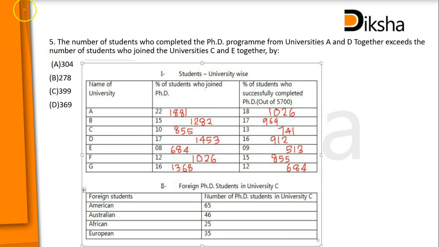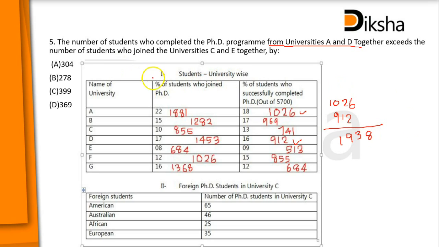Last sub question. The number of students who completed the PhD program from universities A and D together exceeds the number of students who joined University C and E. Just regular adding and subtracting will give you the marks. First, from universities A and D, the number of students who completed PhD is 1026 and 912, which gives you 1938.